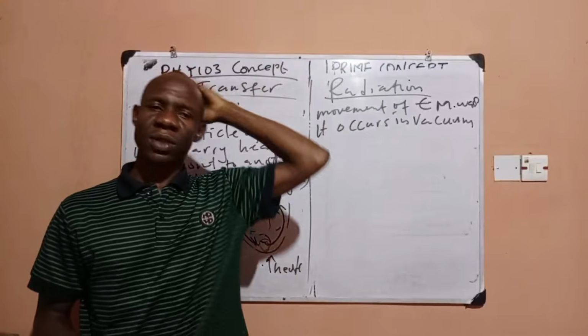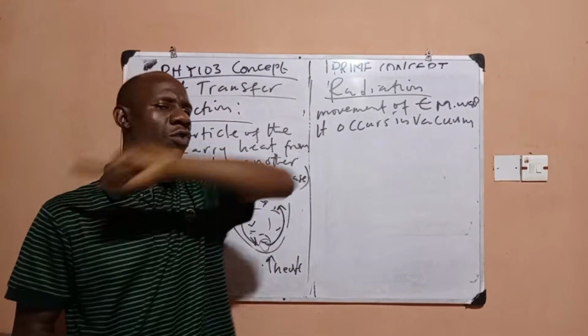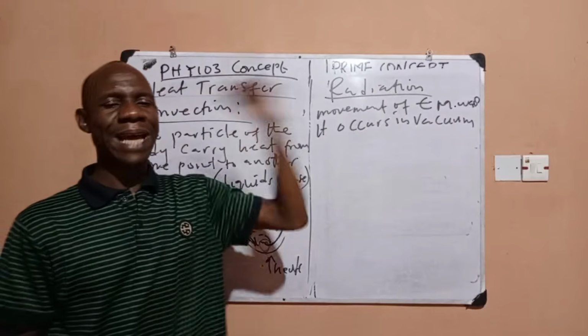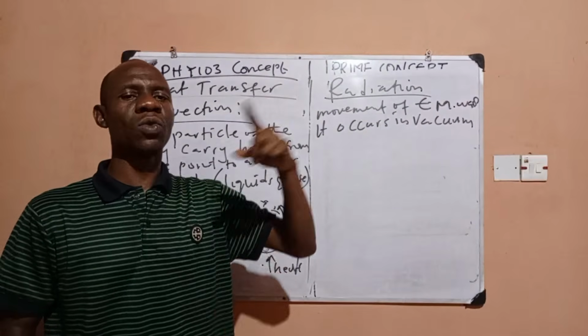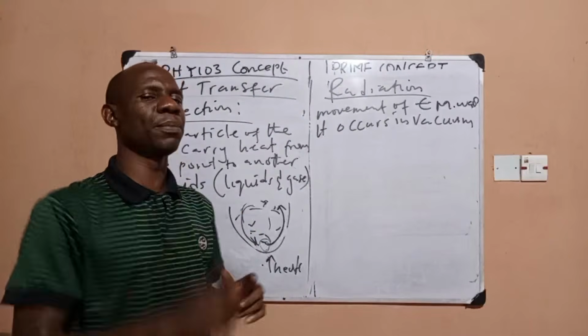Those kinds of bodies that can absorb radiation of all wavelengths and emit radiation of all wavelengths are known as black bodies.